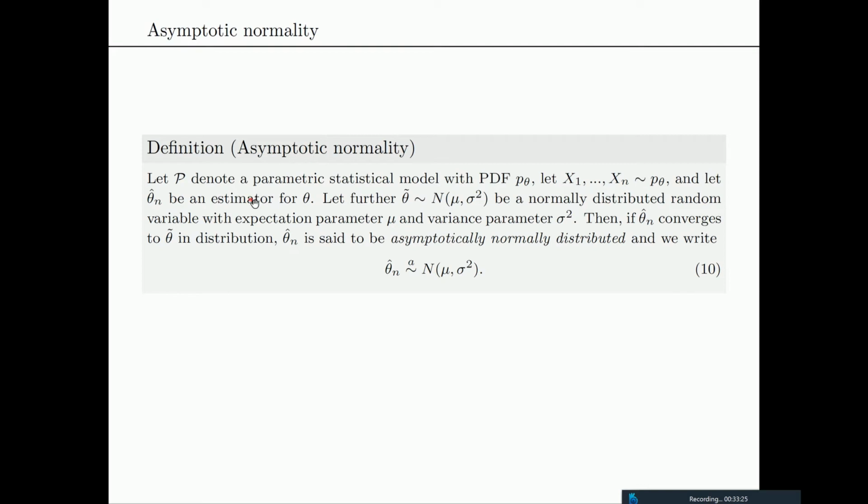Now, an estimator in this setting is called asymptotically normally distributed if this estimator converges in distribution to theta hat n.